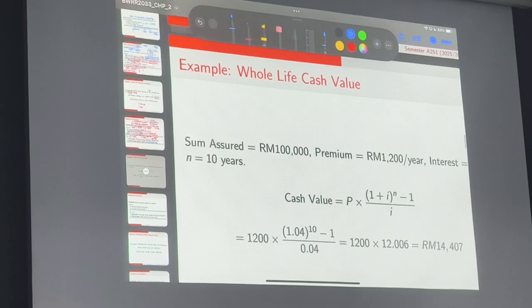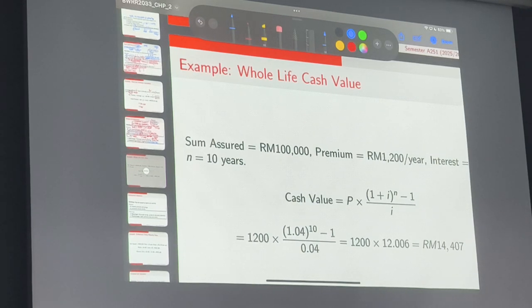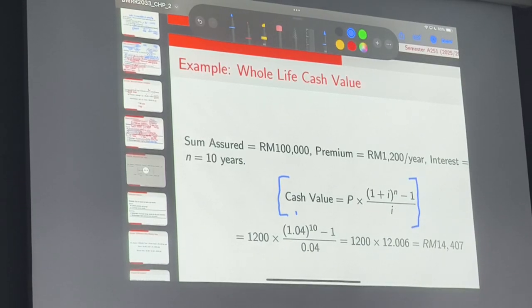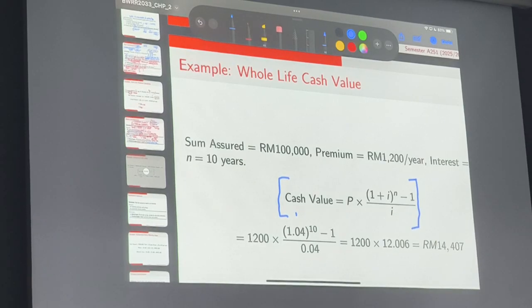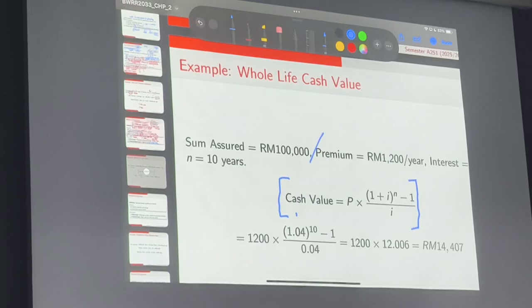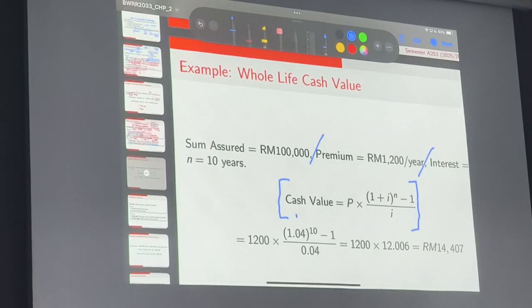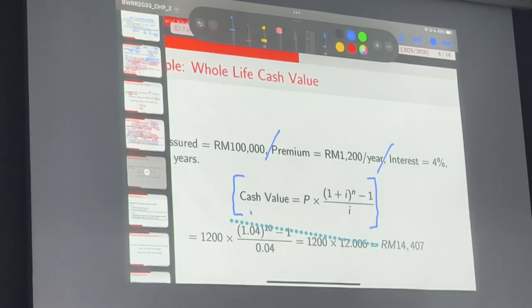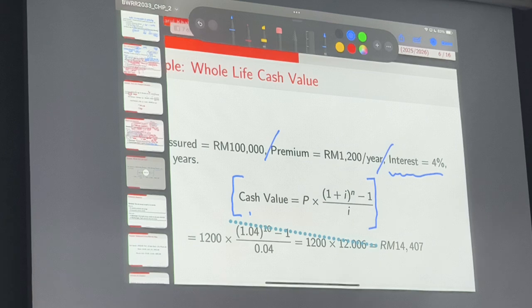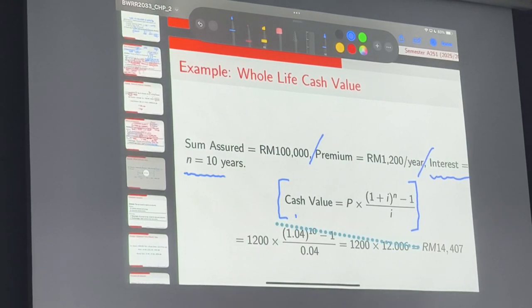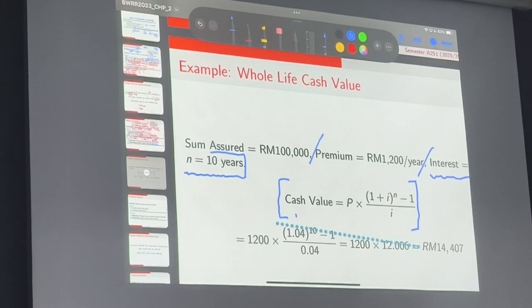This is the formula, in actuarial science it's like the ABC, the simplest. For example, the sum assured we have is 100k. The premium is 1200 per year. Interest is 4%.